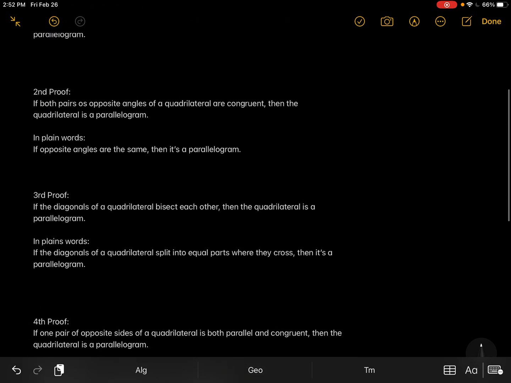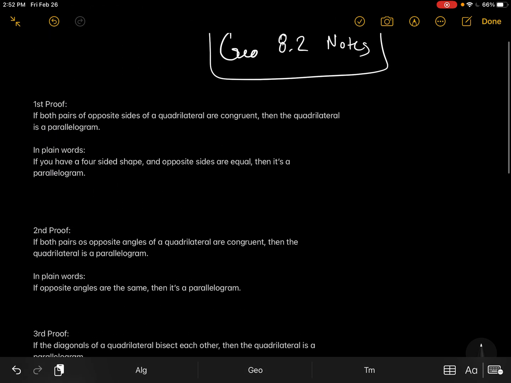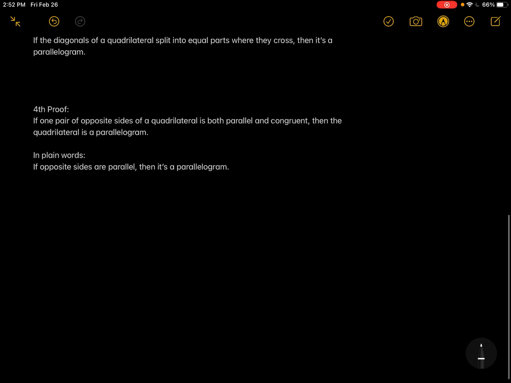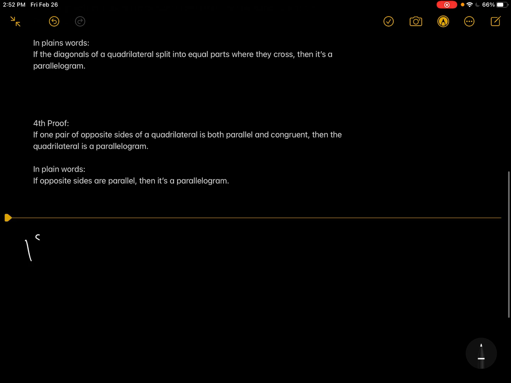All right, so for the second part of these notes, we're going to transition from words into some drawings of each of these four proofs. So I'll be scrolling back and forth between them. And then from there, we're going to move on to doing one or two examples. So for our first proof, an image of it is you have a parallelogram like this, or a quadrilateral, I should say.